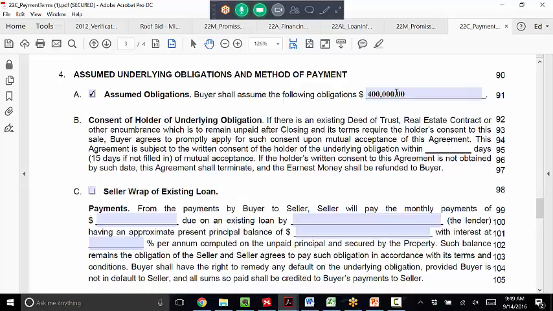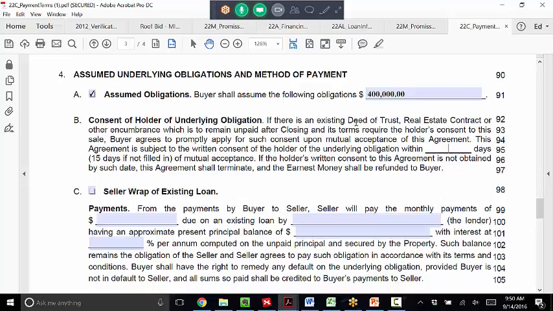So what happens more often is she assumes the mortgage and makes the payment on the existing mortgage. So that's what these terms would align themselves with, all right? So consent of holder of underlying obligation.